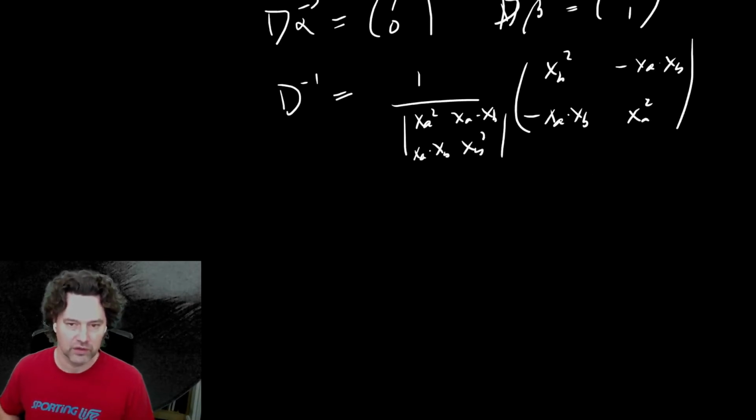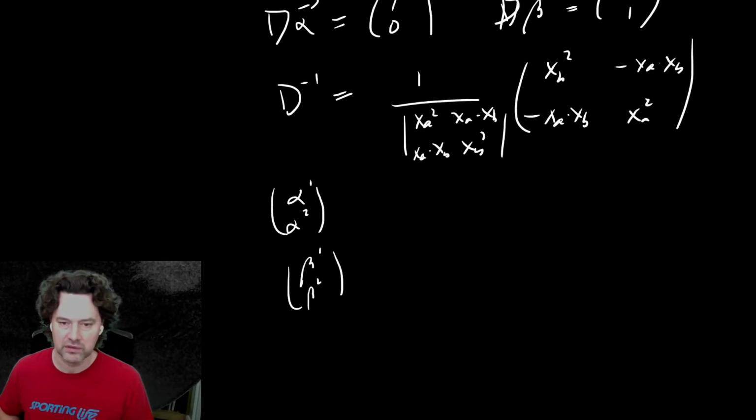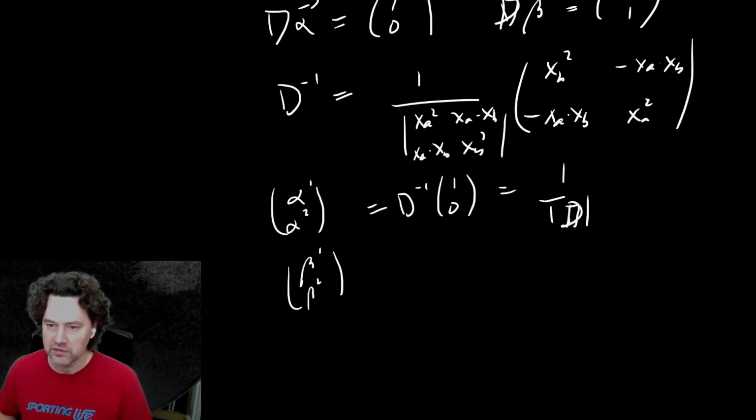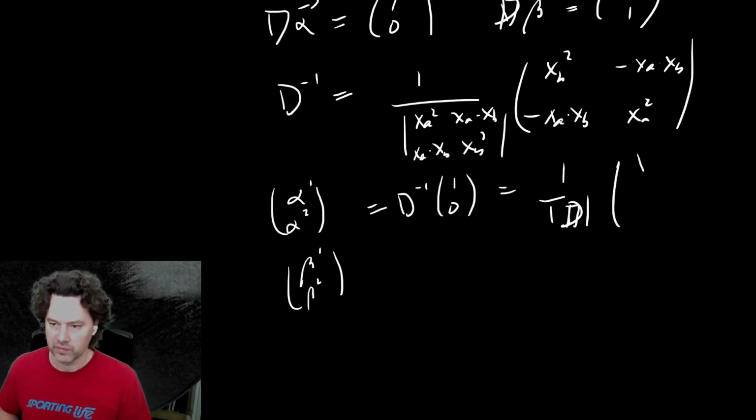So we can now form our alpha 1, alpha 2, and beta 1, beta 2 as D inverse times 1, 0. 1 over the determinant of D times, and we multiply out by 1, 0, we get this first column: xb squared, minus xa dot xb.